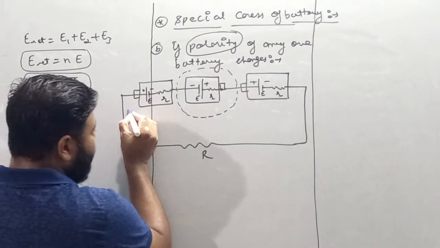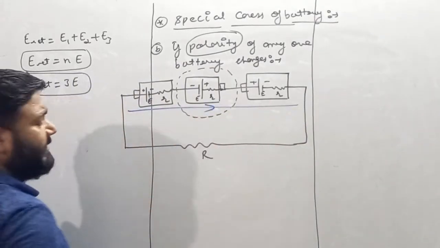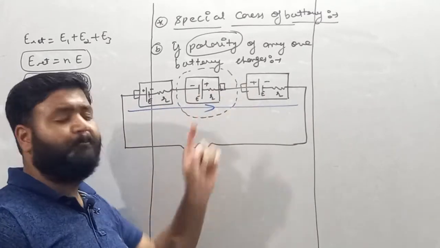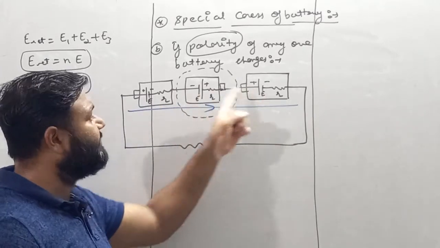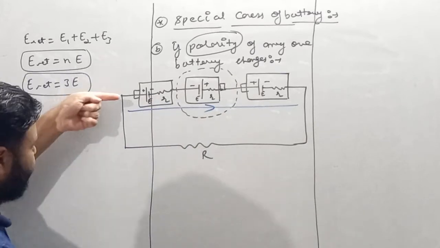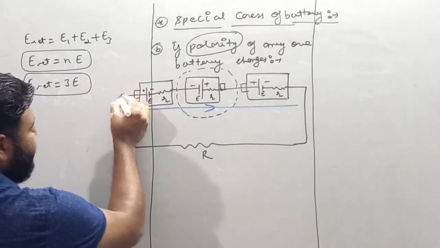So see my dear student, I am applying Kirchhoff's law only for the potential of the battery, or we can say only for the EMF of the battery. Now see, I am moving from this point in this direction.